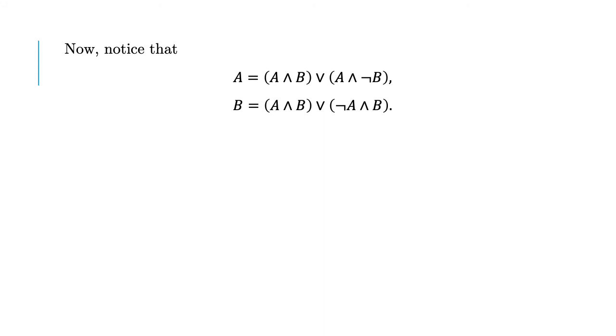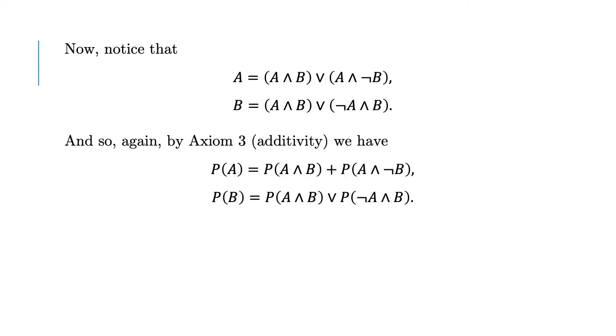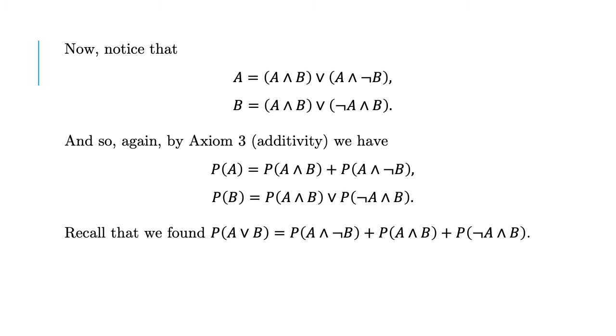So again, by axiom 3, additivity, we can unpack the probability of A into the sum of two terms, the probability of A and B, and the probability of A and not B. And the probability of B similarly into two terms, the probability of A and B, and the probability of not A and B. Recall that we found the following fact, the unpacking of the probability of A or B into the sum of the three probabilities of these mutually exclusive propositions.